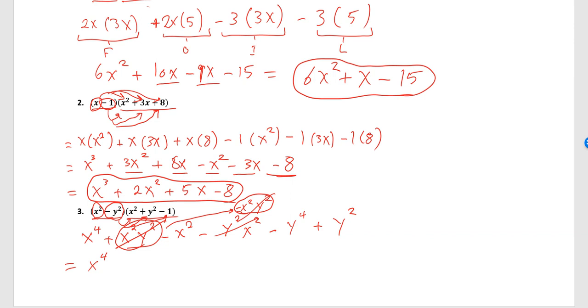So then we have minus x squared minus y to the 4th plus y squared. So x to the 4th minus x squared. This just comes down here. Okay. And then we have minus y to the fourth plus y squared. Okay, and this is my final simplified answer.